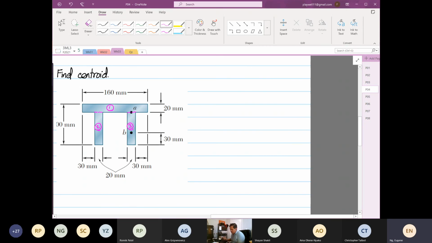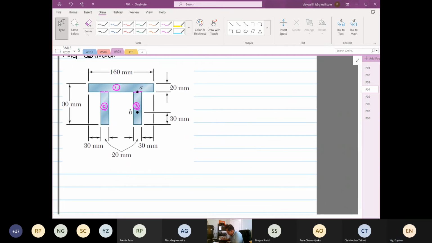Then I'm going to create a table. This table I call section: 1, 2, and 3. That's my section.